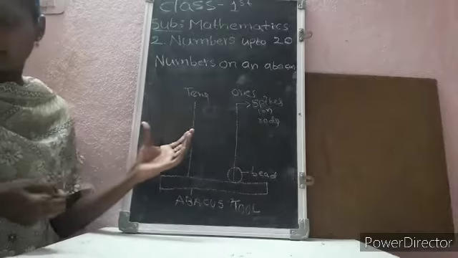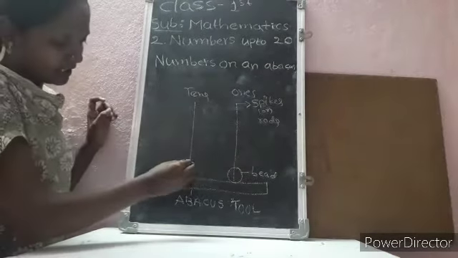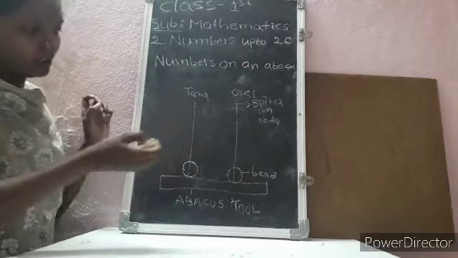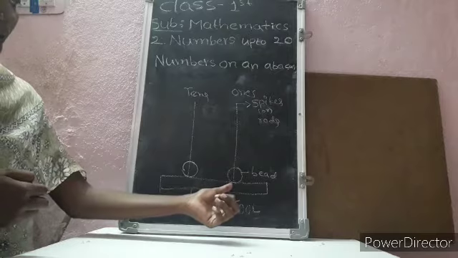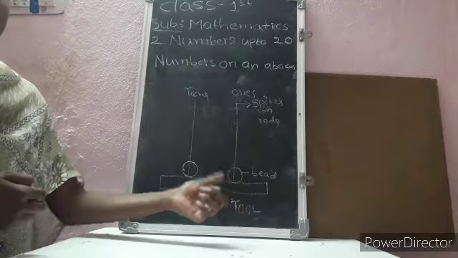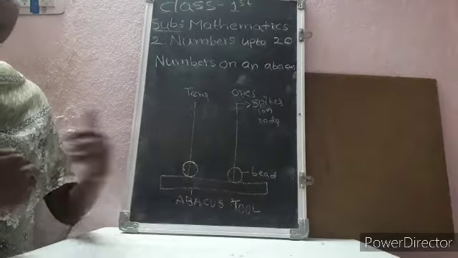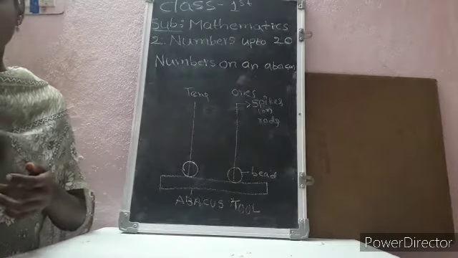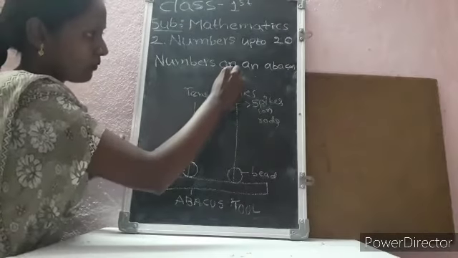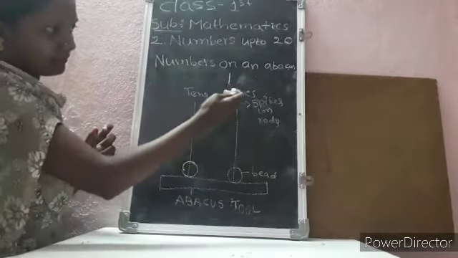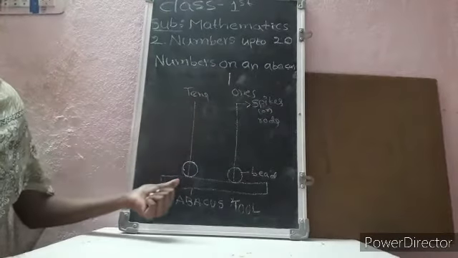So now here I'm taking another bead here. So here ones place. How many beads are there in ones place? Only one. So I'm writing here 1. Ones place 1. This is the right side. And next is in tens place.